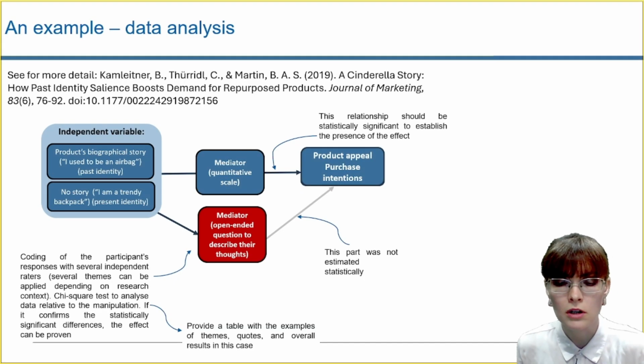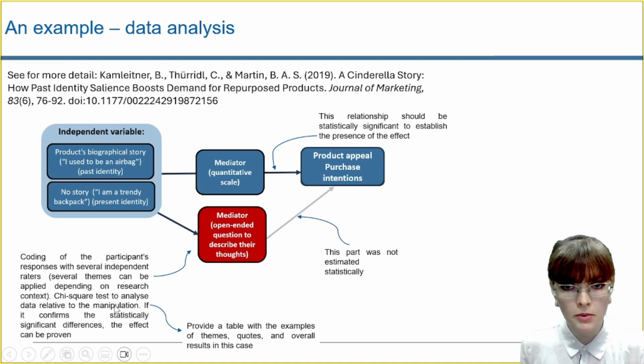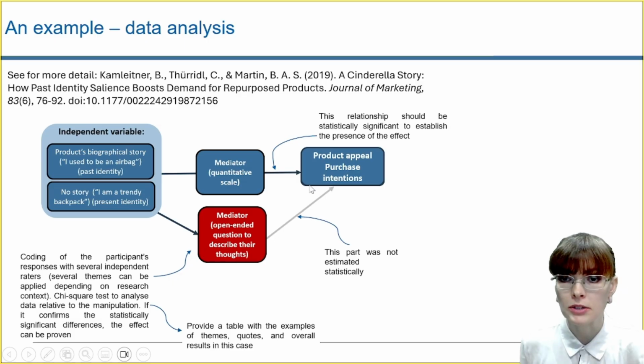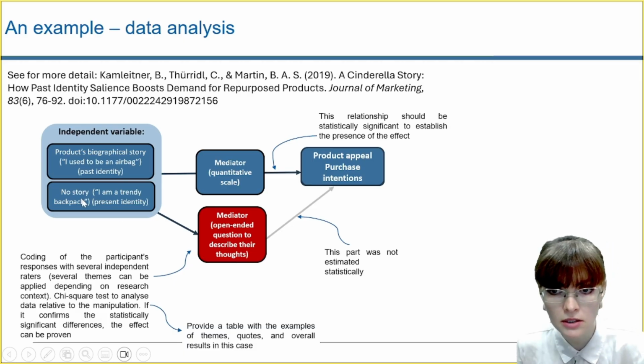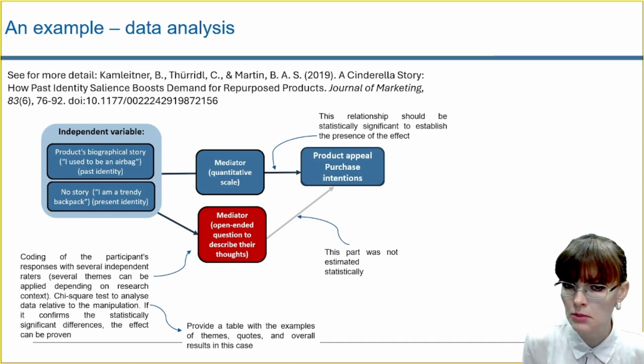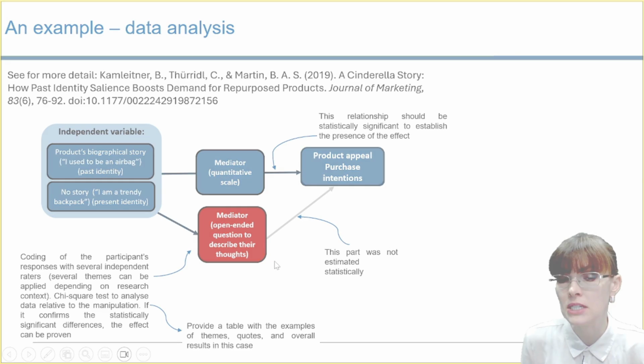After you've done your coding and run your chi-square test, if you observe that participants who were allocated to the first group, which is about the product's biographical story, describe more thought processes or ideas, or mention more themes which tap into feeling special after purchasing this product, or if they would purchase this product, compared to the people who are exposed to your second condition, which should not elicit such thought processes, then you establish the presence of the mediator.